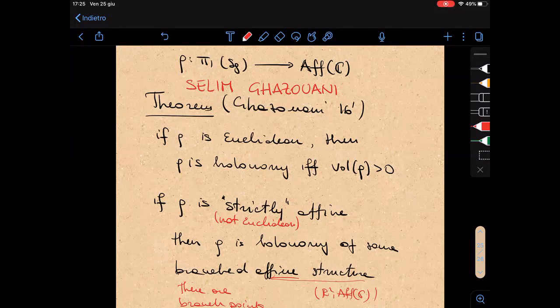It means that the same representation could appear as some branched affine structure with 1, 2, or more branch points of any order. So he knows that there are some other geometric data that are not encoded by this representation. It's quite recent, some 3-4 months ago he put this paper on the arXiv. It's still a preprint, but it seems correct.